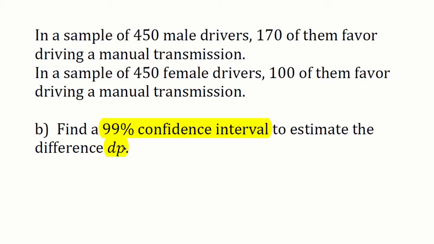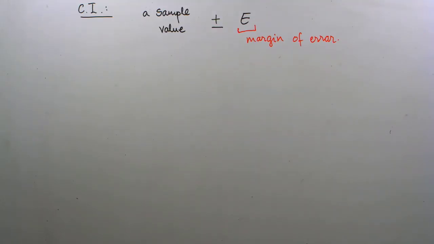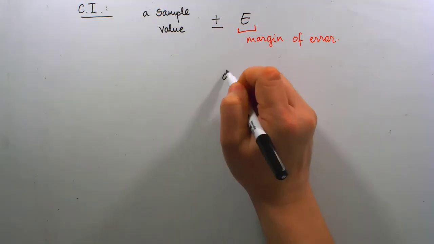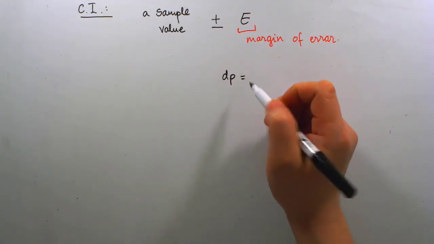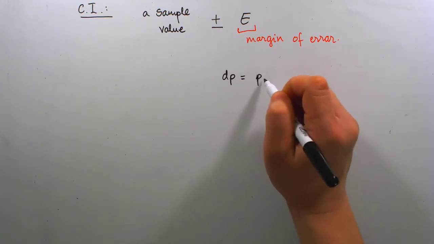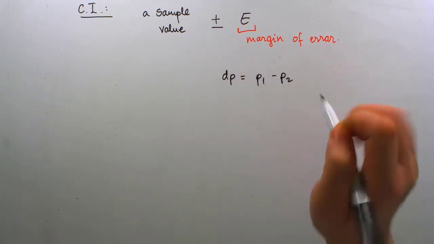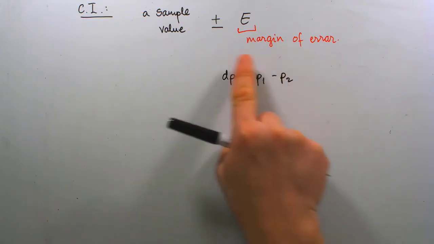This is the value that we want to estimate. And dp we have already understood as the definition that we have seen earlier in the beginning of this lecture, where dp is defined as the difference p1 minus p2.